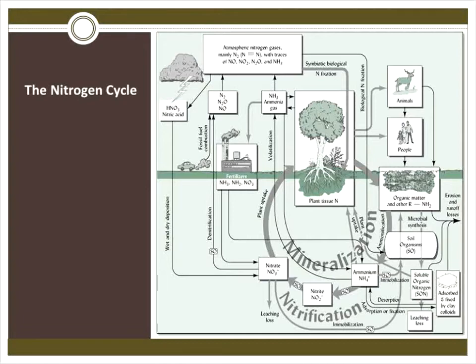The reason is that the nitrogen cycle is highly dynamic. There are lots of gains to the system and lots of losses of nitrogen from the system, and all of these processes are going on at exactly the same time. So it's hard to know at any given point how much nitrogen is going to be available to your plants so they can grow well.